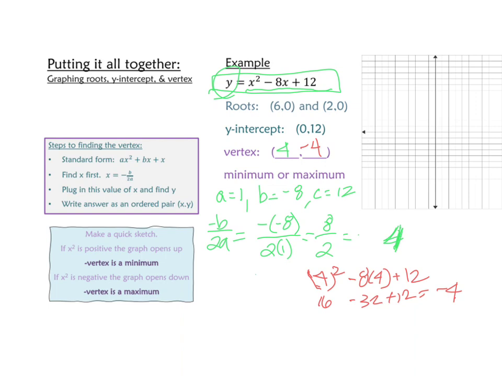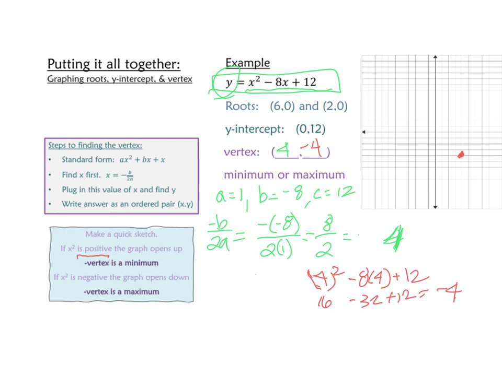So we're going to graph this. We're going to graph it all. This particular trinomial is positive, so its vertex is a minimum. So we are going to have to put a 4, 1, 2, 3, 4 right there.